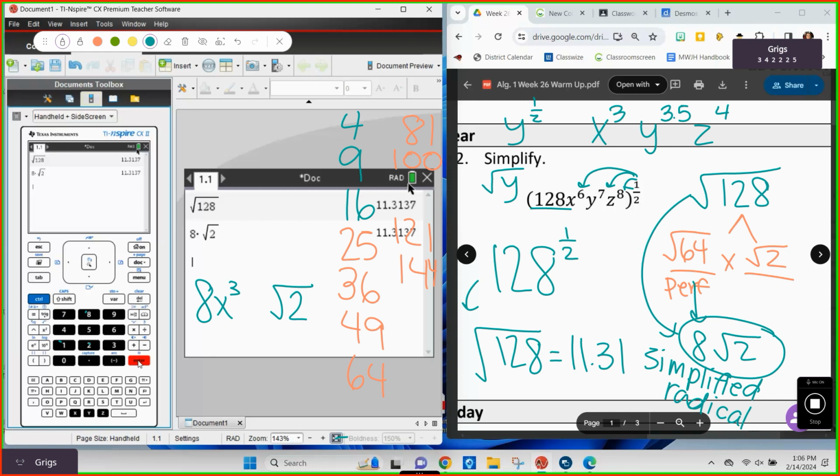And because it came out as a decimal, I'm going to put y with the 2 under the square root house, because anything that's a decimal doesn't square perfectly, so it would just stay in the square root. And then z squared perfectly, so I'd say z to the 4th. So this right here would be my answer for number 2.